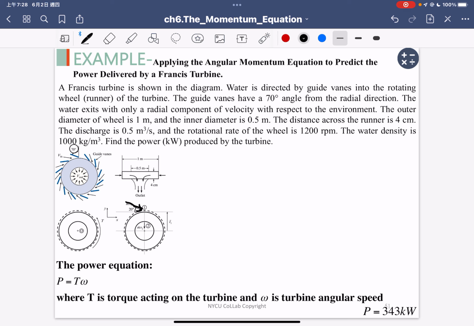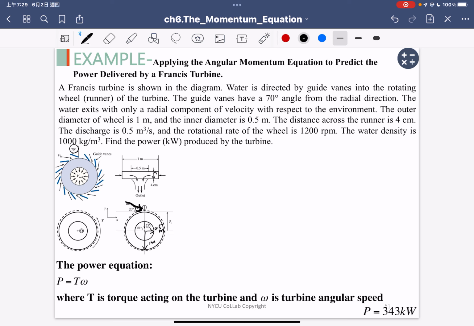So this indicates this is the outer, and the inner is here. So this is 1 meter, and here is 0.5 meter. Okay, and the distance across the runner is 4 centimeters here. So the 4 centimeters is the width here.